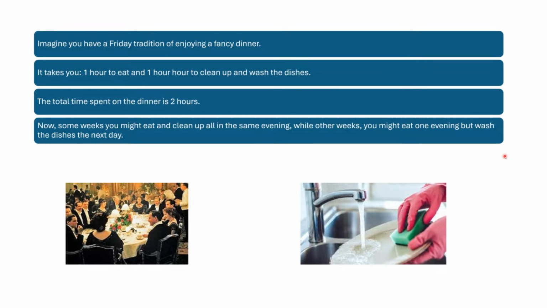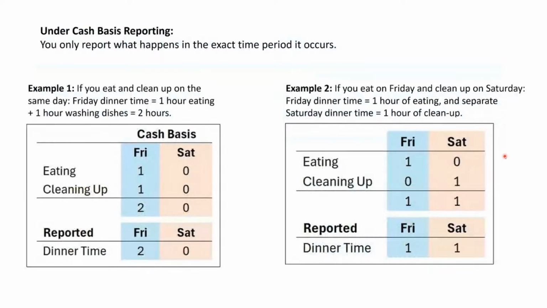So let's see what it looks like under cash basis reporting, right? In example number one, you eat and clean up on the same day. So Friday dinner time equals 1 hour eating plus 1 hour washing dishes, 2 hours, and that would be the report. We see here on Friday everything took place. The total dinner time is 2 hours.